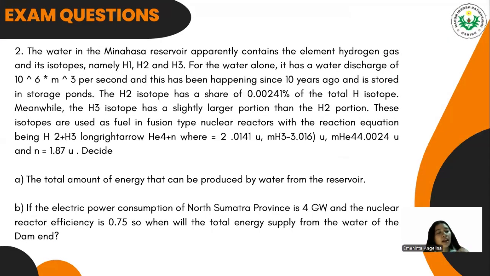And question number 2, the water in the Minahasa reservoir apparently contains the element hydrogen gas and its isotopes, namely H1, H2, and H3. The water has a discharge of 10 to the power of 6 meter cube per second, has been happening since 10 years ago, and is stored in a storage pond.